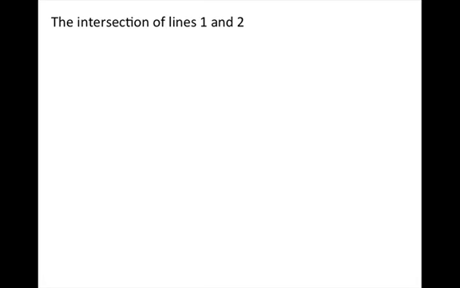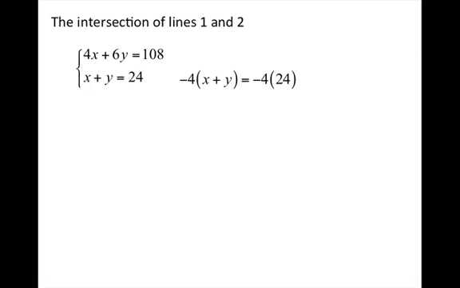If I put lines 1 and 2 together, this gives me the system 4x plus 6y equals 108 and x plus y equals 24. You can eliminate either the x or the y, it doesn't matter. If I multiply the second equation by -4, my x's will eliminate.